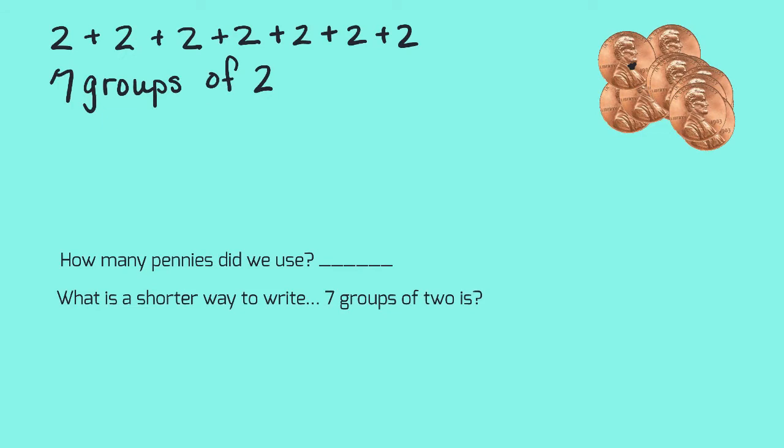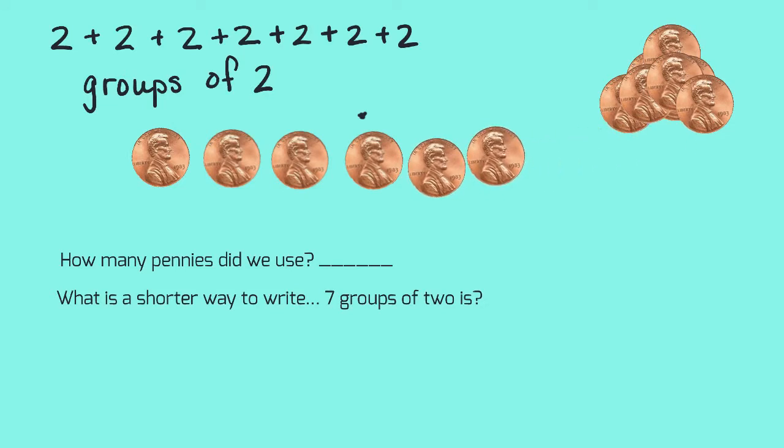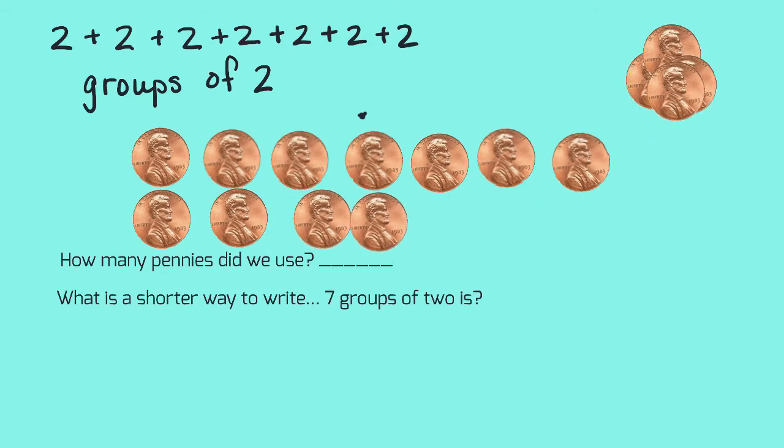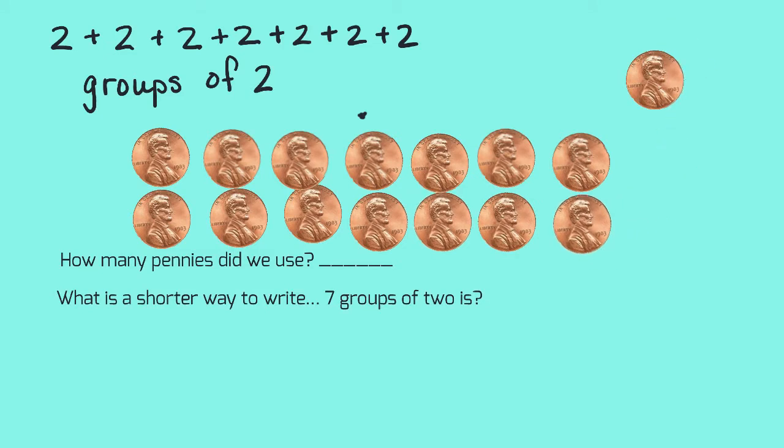Okay, so let's do that one more time. So we have 7 groups of 2. So we want to make 7 groups of 2 pennies. 1, 2, 3, 4, 5, 6, 7. 1, 2, 3, 4, 5, 6, and 7.